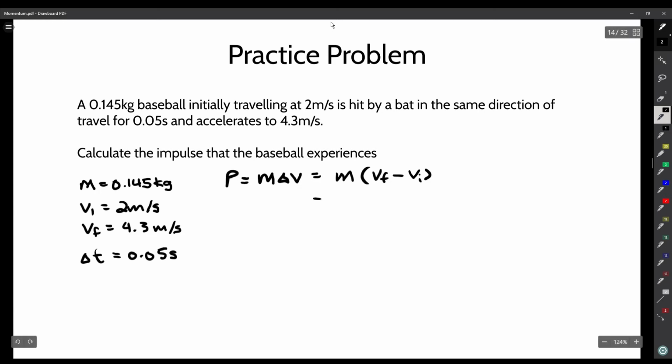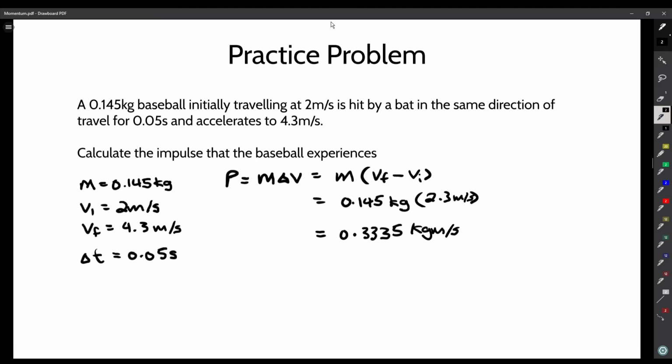So the answer would be 0.145 kilograms multiplied by 2.3 meters per second, and that would equal, let me grab my calculator right here, and hopefully you've already punched this into yours, 0.3335 kilogram meters per second.